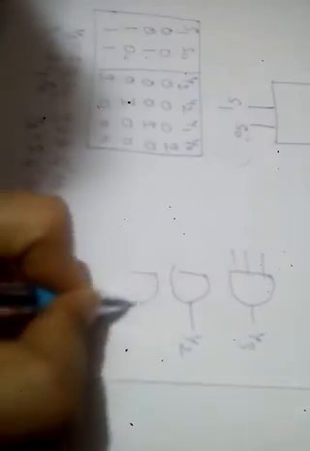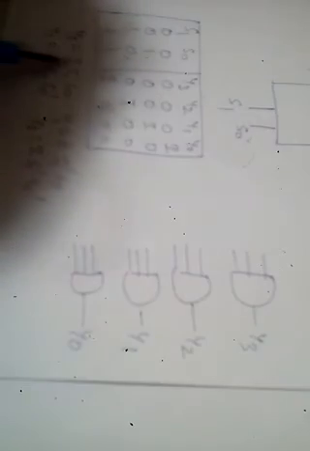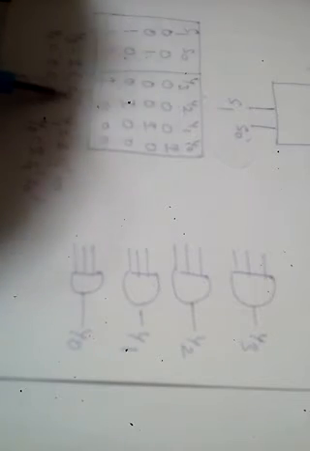Suppose this is y3, this is y2, this one is y1, and this one is y0. So y3 is I, S1, S0.